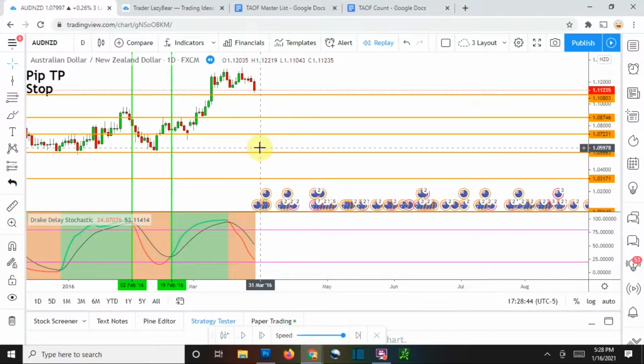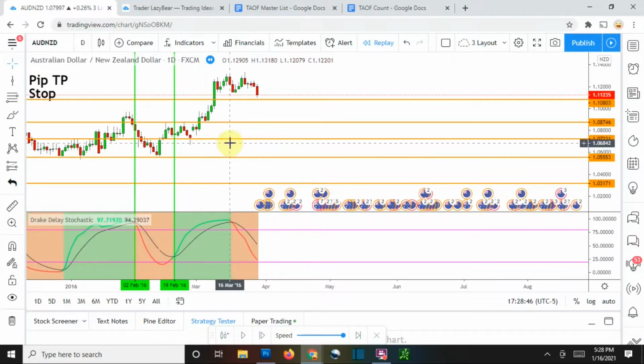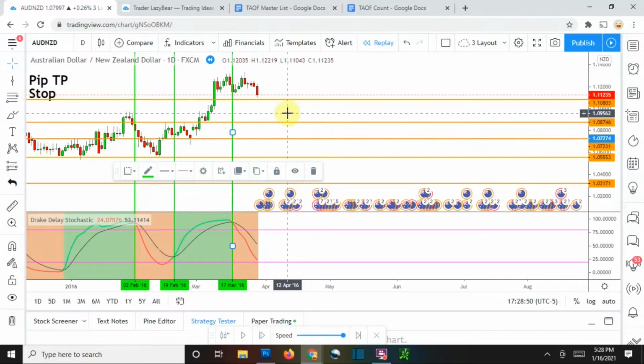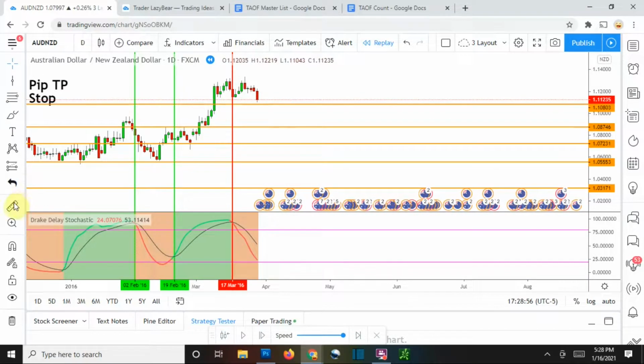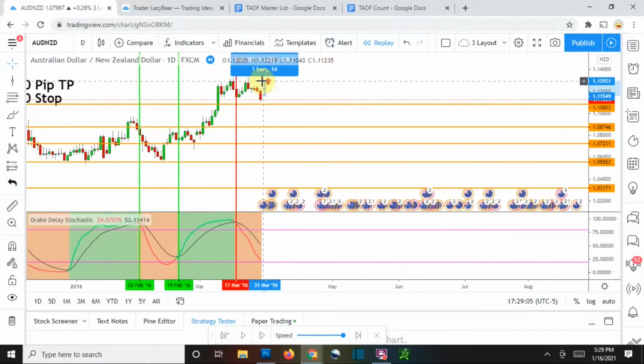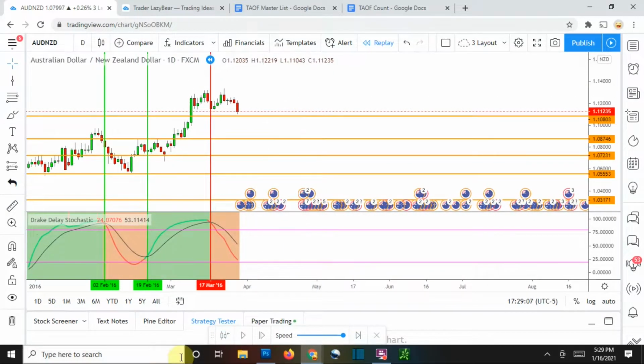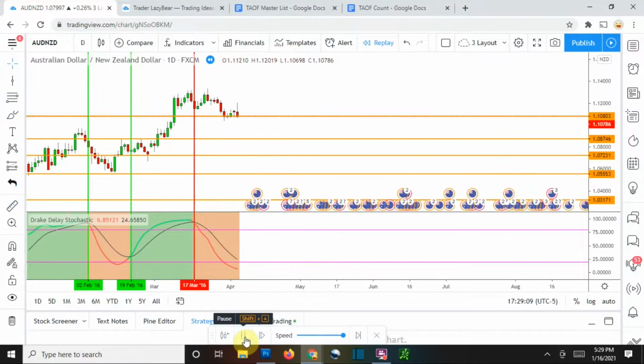Whoa, that thing goes really super fast. All right, so we're up in the upper territory. We get a signal to go short right there, and unfortunately, you can see that pretty immediately we get a reversal here, which goes up over the 90 pips, which would have stopped us out.